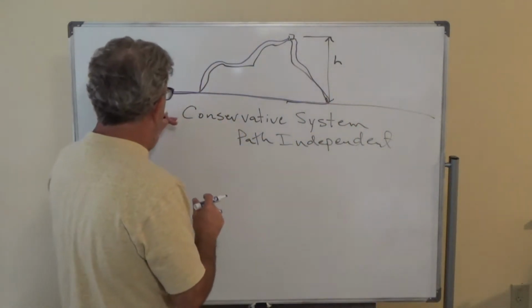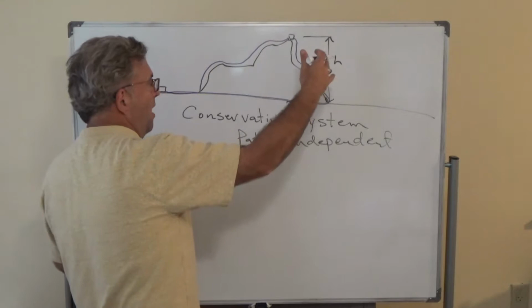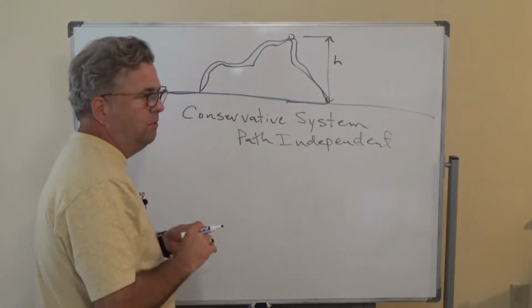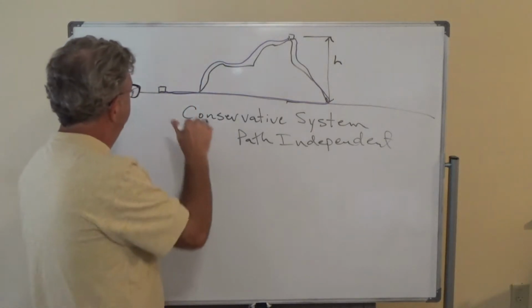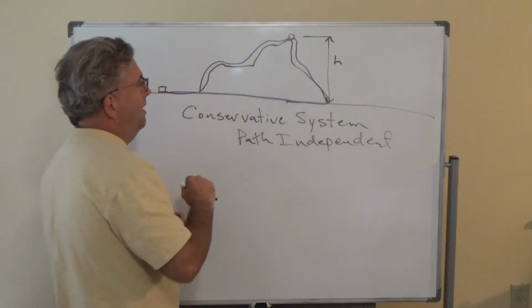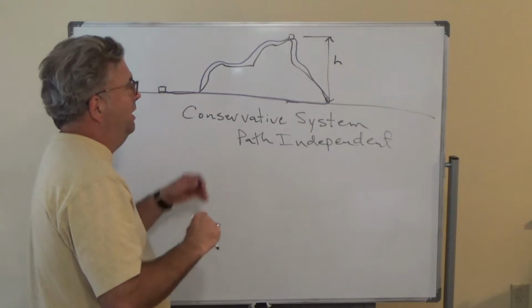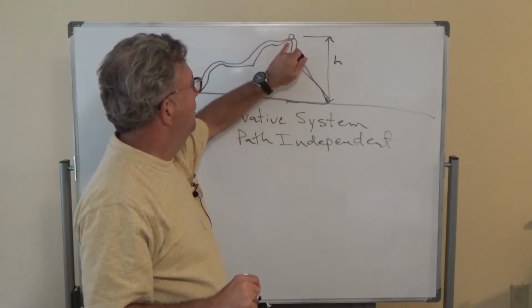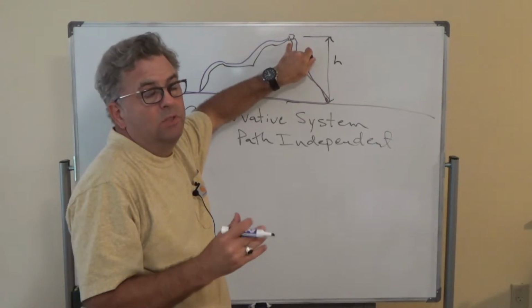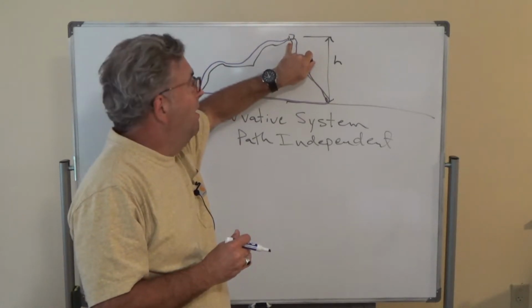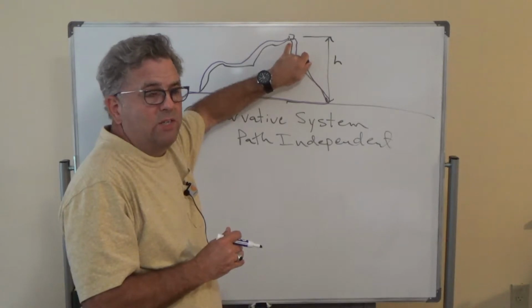I'm storing potential energy. If this is an Earth-mass gravitational system, then it doesn't really matter which path I take. The energy that I use to get the object up to this point is simply mgh, and that energy is stored in the system.